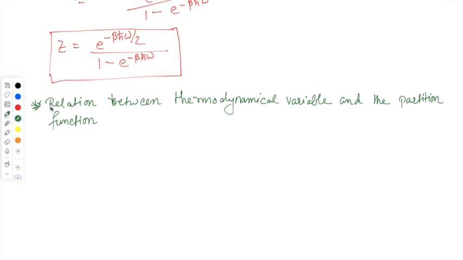So, the relation between thermodynamical variables and the partition function. First is internal energy.